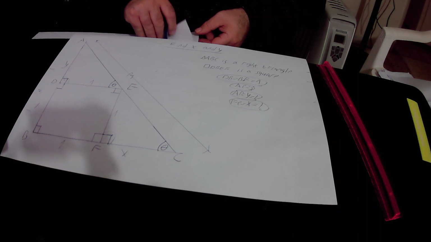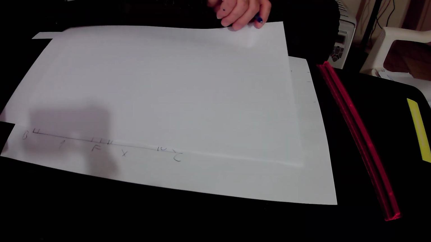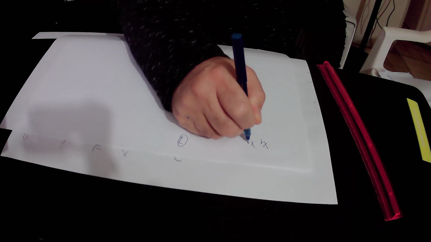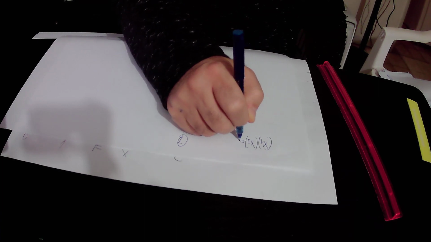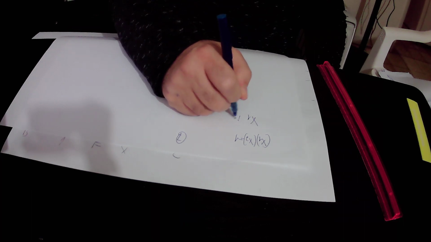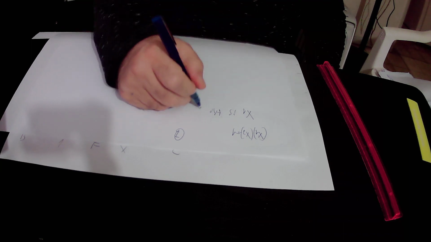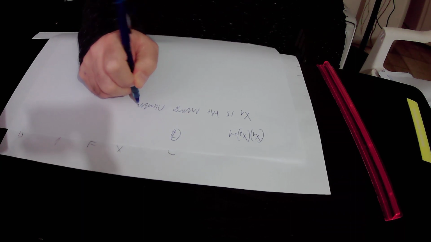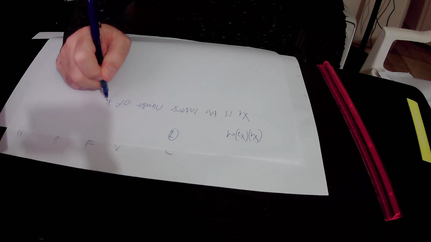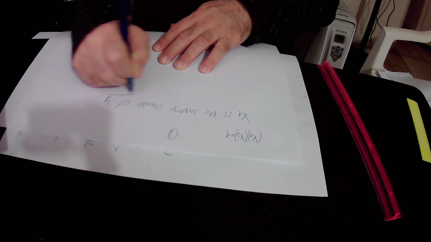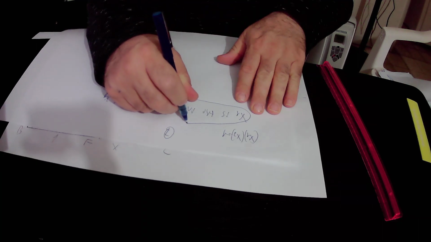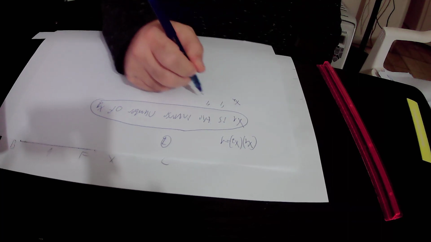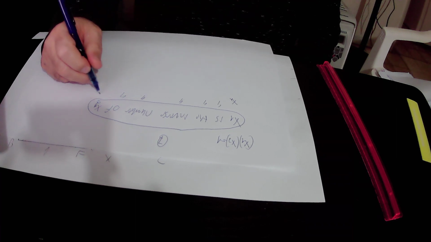So we can write down here, because of the fact that x1 times x2 is equal to 1, it means that x1 is the inverse number of x2, and it is also true to say that x2 is the inverse number of x1.